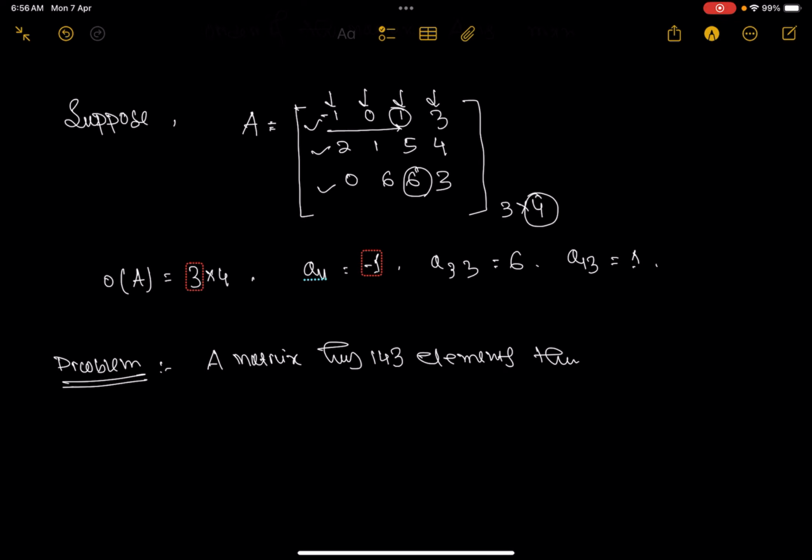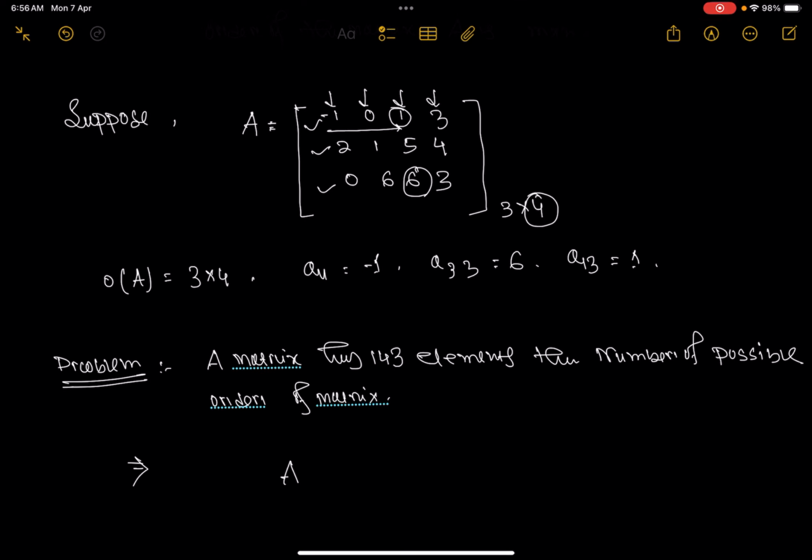Then find the number of possible orders of the matrix. How do we solve this?